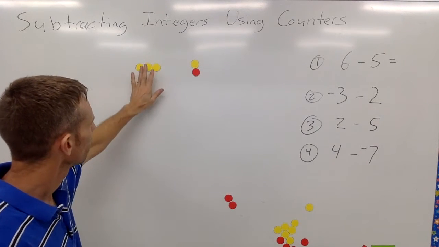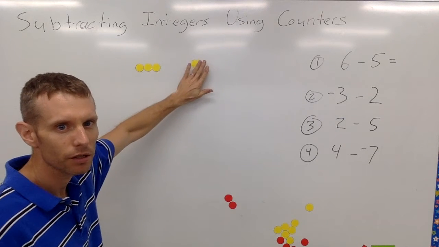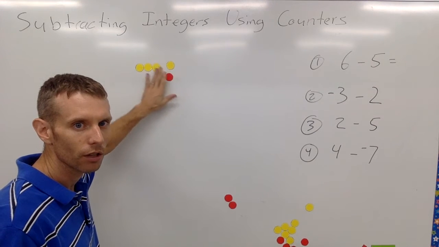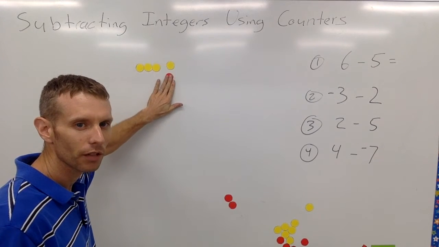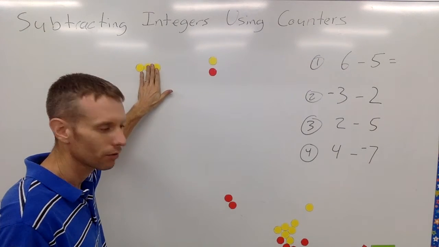And so up here, what I have represented is still 3, because if this was 4 and this was a negative 1, this positive 1 and this negative 1 would cancel, and you're still left with 3.